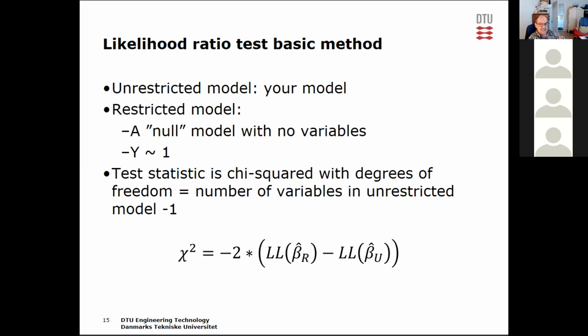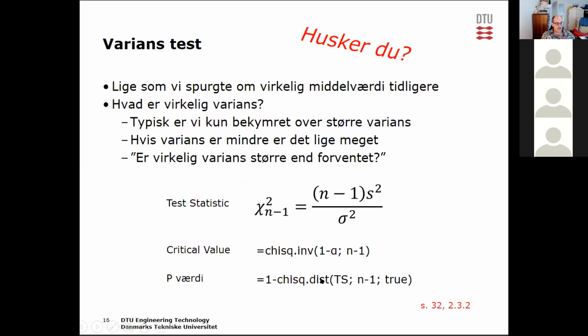So here's that statistic, the test statistic for the comparison. On the left here is the null model, the restricted model. And on the right here is our model, the unrestricted model. And we're going to get this number. Just a quick review here. Remember, this is from like 6 weeks ago.